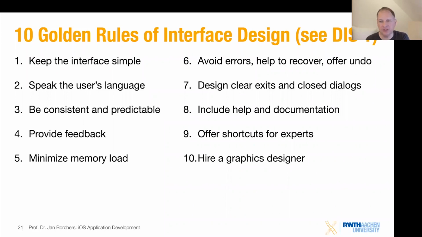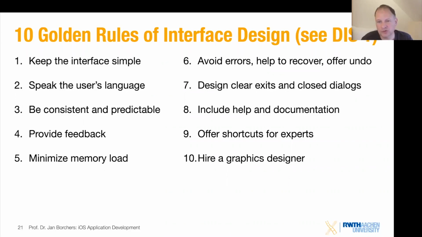Providing feedback means that you always need to keep users informed about where they are, what they can do here, and what just happened, and how they can get back to the stage before. But you can't clutter the screen too much with this, right? So progress bars and things like that are tricky to do on mobile because you don't have that much space.